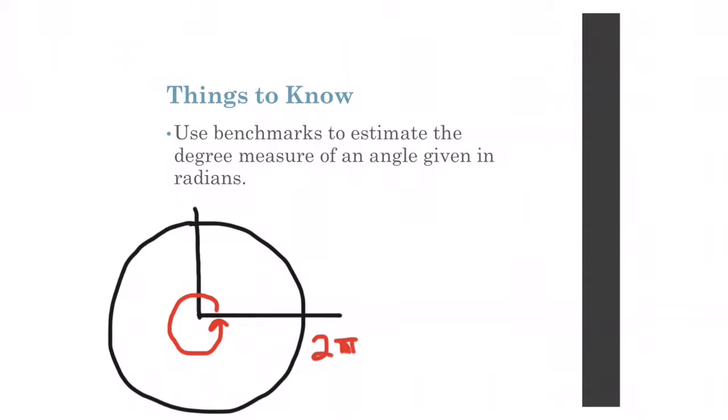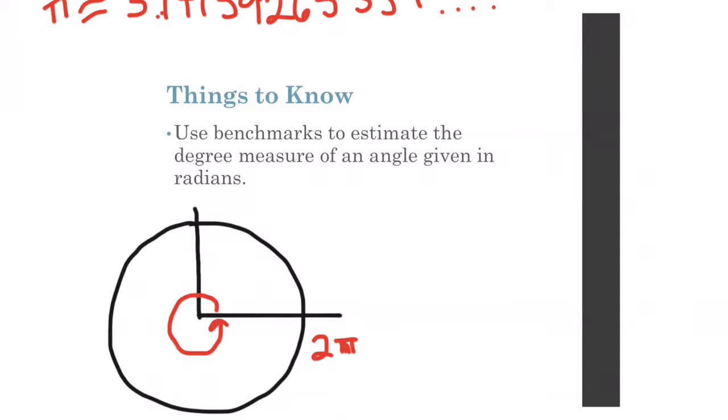Okay, so remember pi is just a number, and pi is equal to about 3.14159265359, etc. Okay, so we're not going to go that far. I'll probably just use the first 2 decimal places when we're using our estimations.